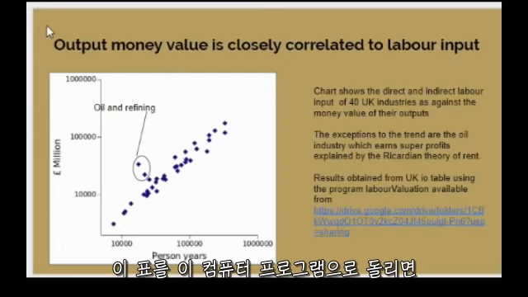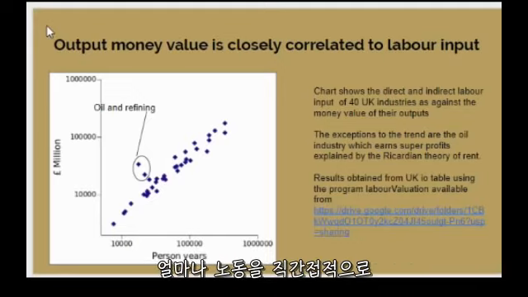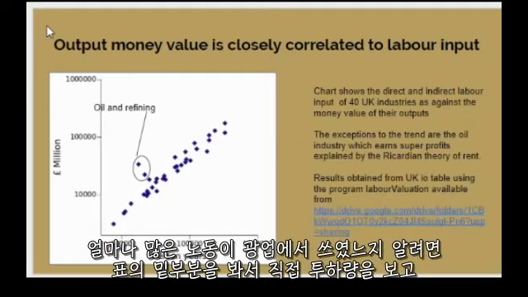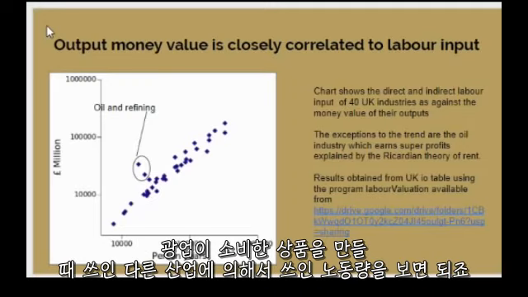Given the table, and given a computer program that will read it and process it, you can work out how much labour was used directly and indirectly to produce the output of each industry. So if you're trying to work out how much labour was used to produce the output of the mining industry, you include the direct labour used at the bottom of the row, and then you see how much labour was used indirectly in each of the other industries that it used products from.